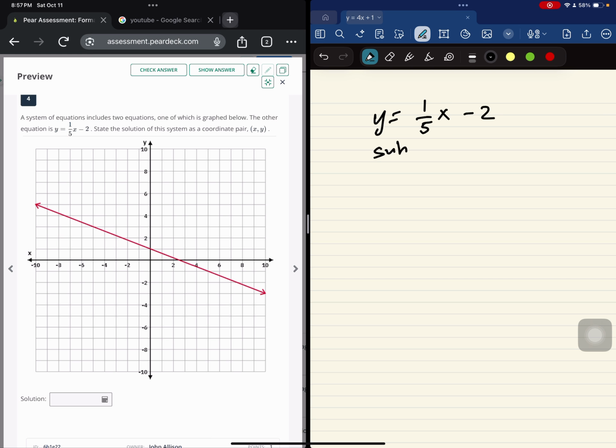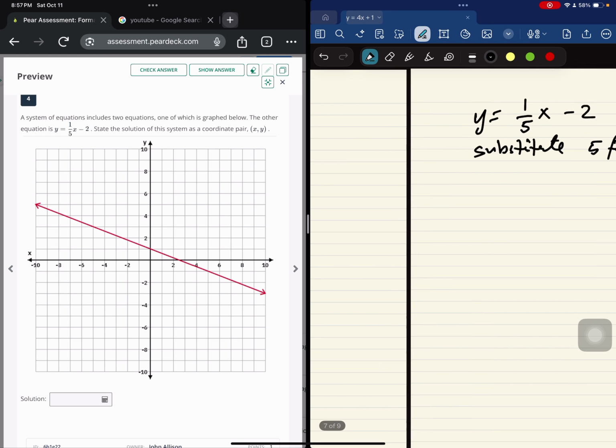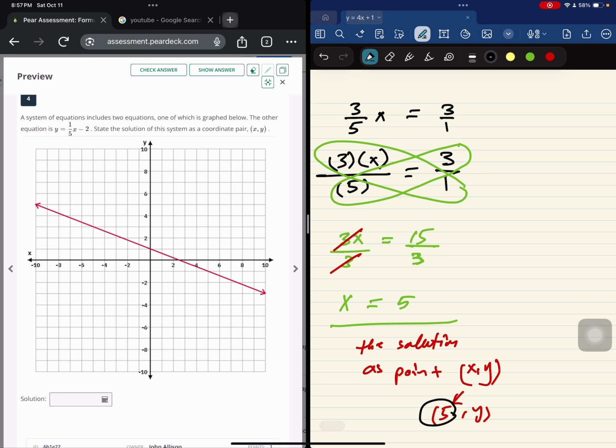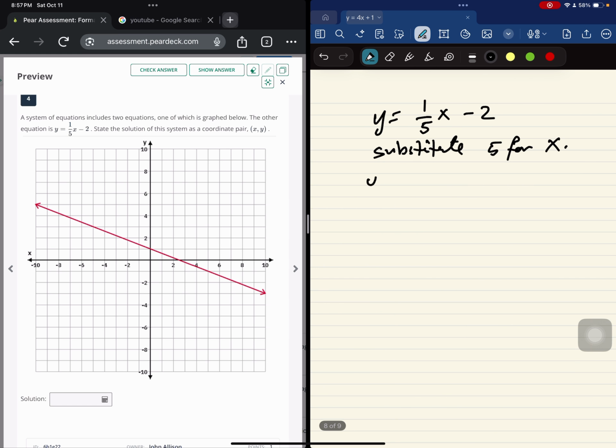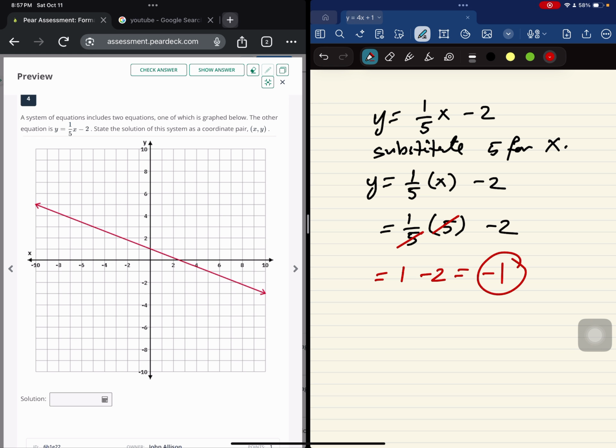Now we substitute 5 for x. So y is equal to 1/5 x minus 2, which is 1/5 multiplied by 5 minus 2. The 5 cancels with the 5, and we are left with 1 minus 2, which is equal to minus 1.